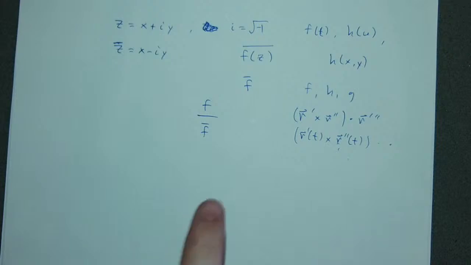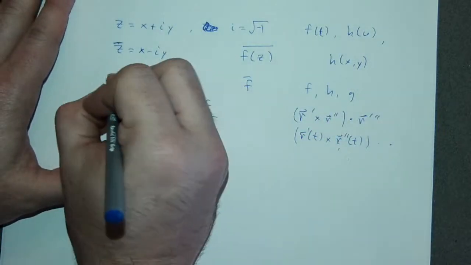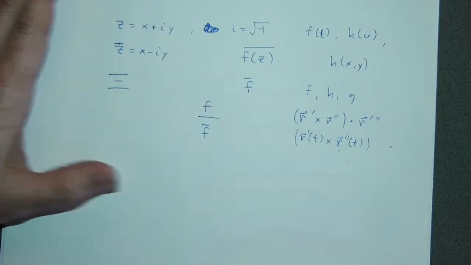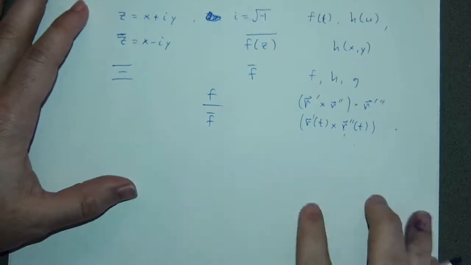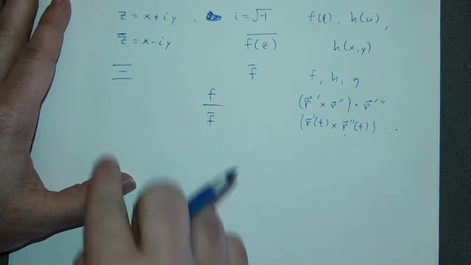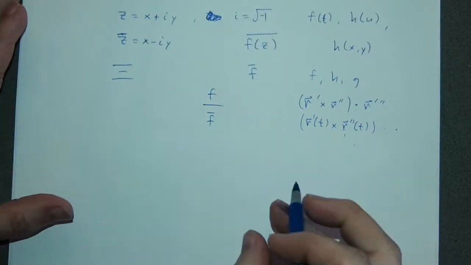But what if instead of f you get more creative and use a Greek letter for your function? Let's say you use the capital Greek letter Xi, or Ksi if we're being more proper. So Ksi in place of f, divided by its complex conjugate.